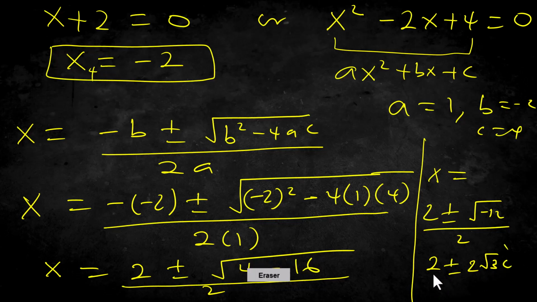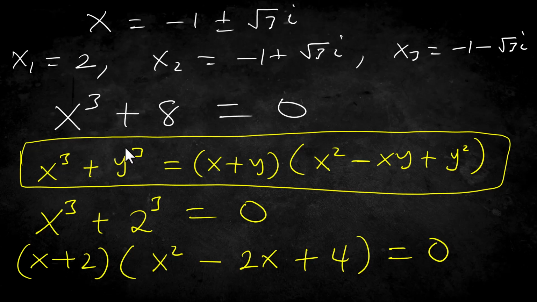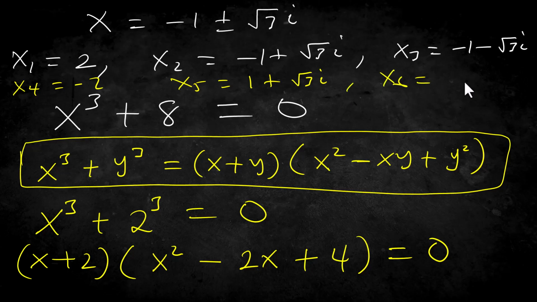So this will be 1 plus or minus root 3 i. Since we've already done that, we don't want to waste time here. So let's go back. My fourth solution will be minus 2. My fifth solution will be 1 plus root 3 i, and my sixth solution will be 1 minus root 3 i.